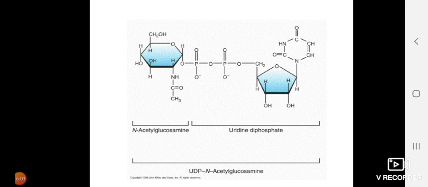The UDP nucleotide, in the diphosphate form, is attached to the N-acetyl glucosamine through an ester linkage, which is broken down during glycosylation, and the energy required for the formation of glycosyl bonds is provided by this hydrolysis.